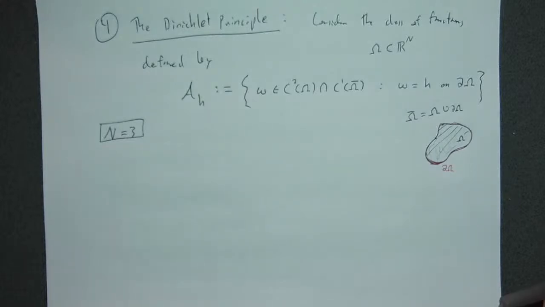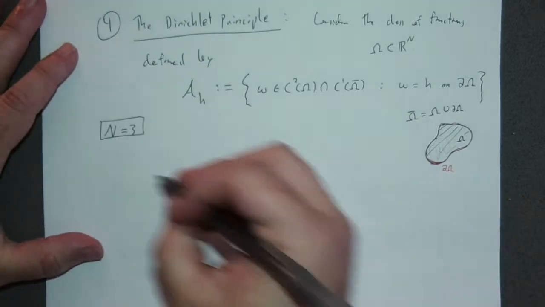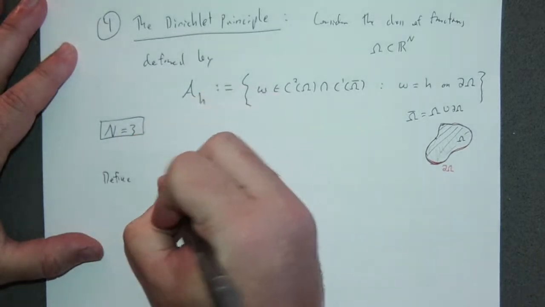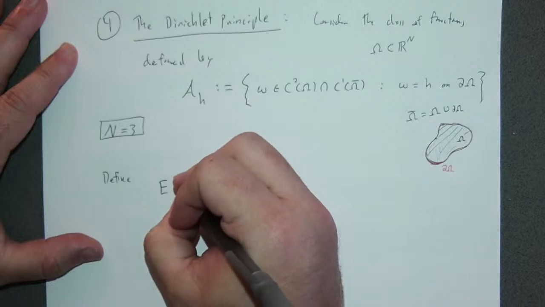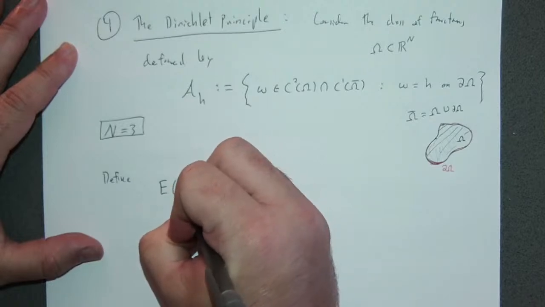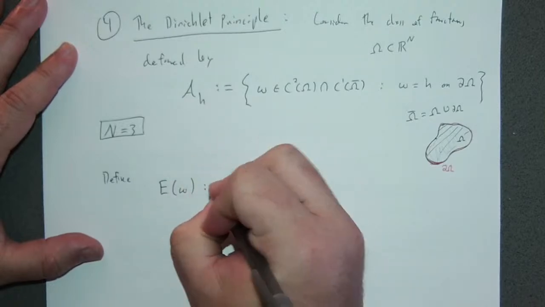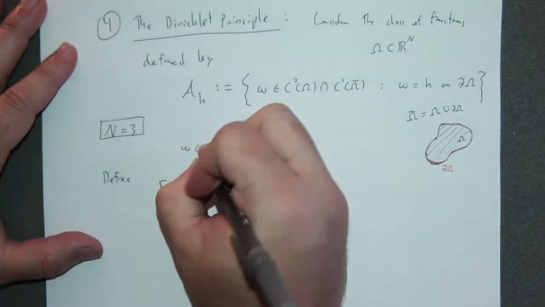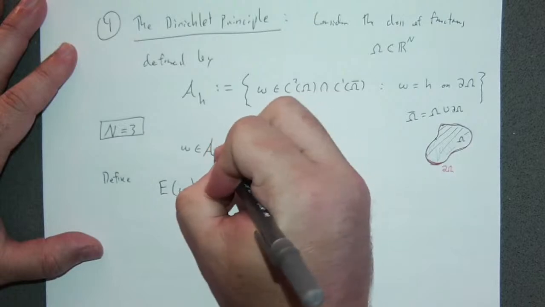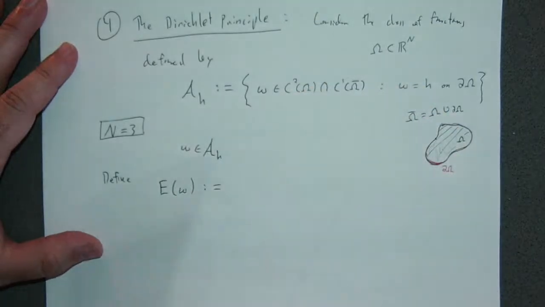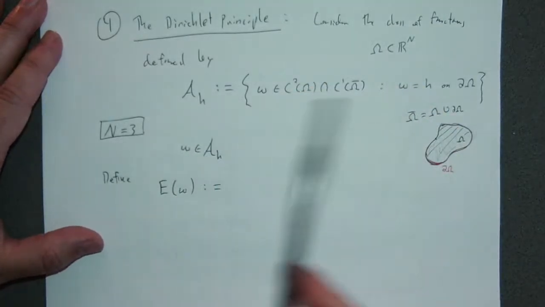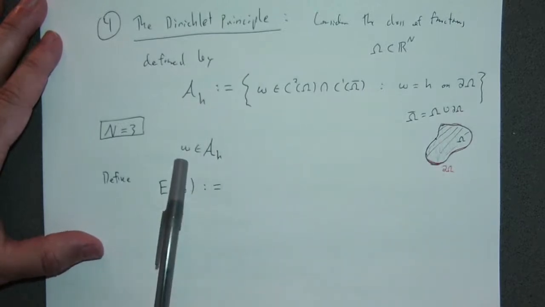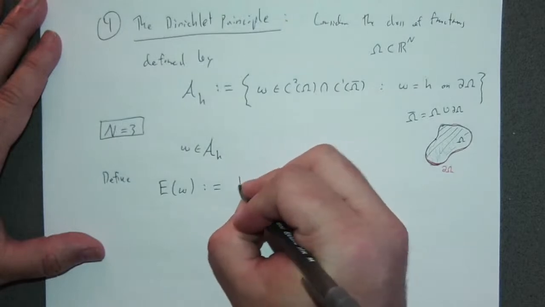So let's do this. Define E of W to be the following thing. It takes a W that belongs to this set of functions, a set containing infinitely many functions. What does it do to W?